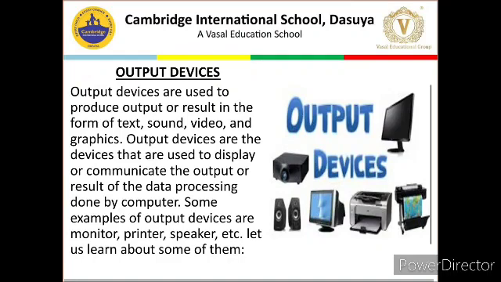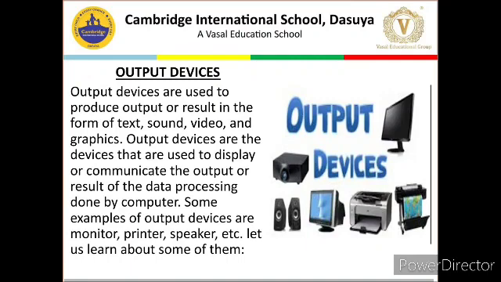Output devices are the devices that are used to display or communicate the output or result of the data processing done by the computer. Some examples of output devices are monitor, printer, speaker, headphones, plotter, etc.